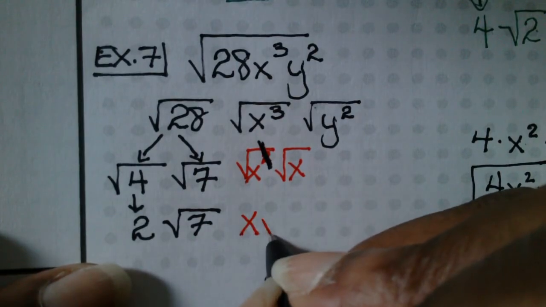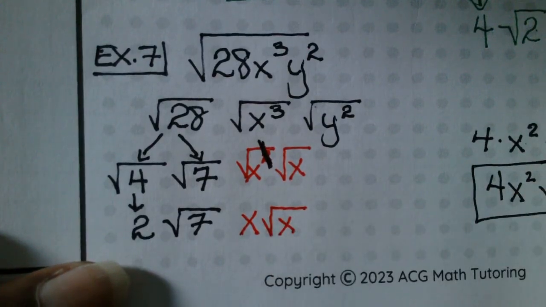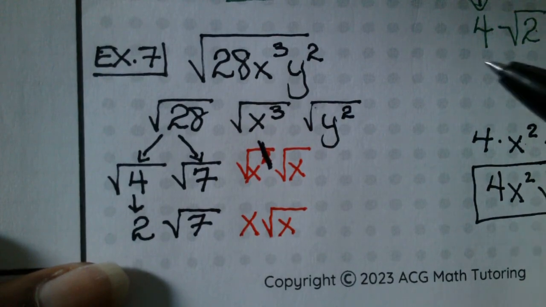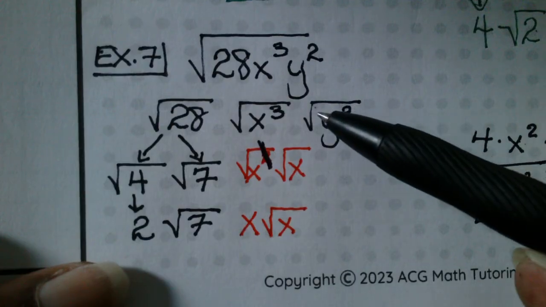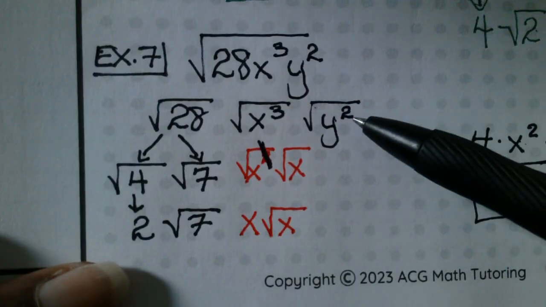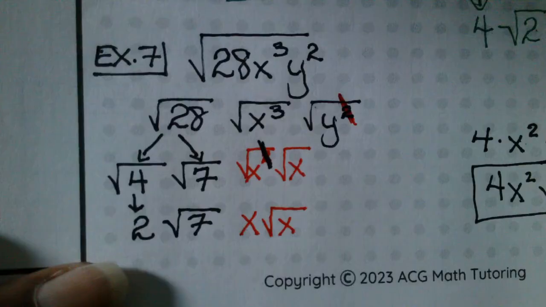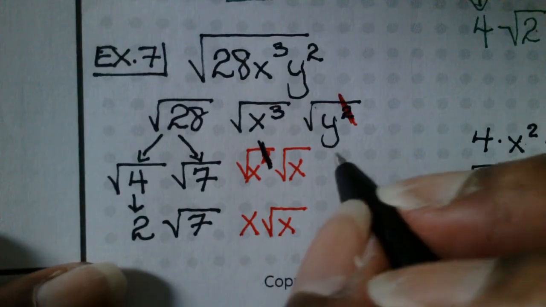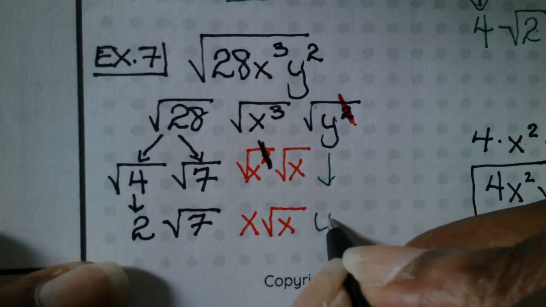So whatever I can't break down, I bring down. Okay. So now we got the square root of y squared. Square roots and squares, they cancel each other out. So what comes down is just the y.